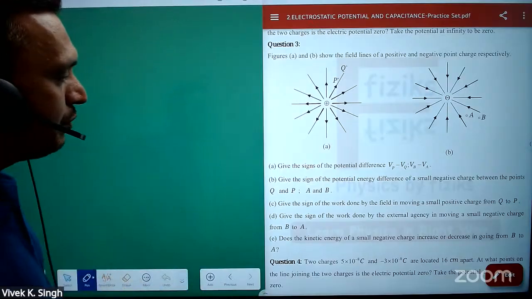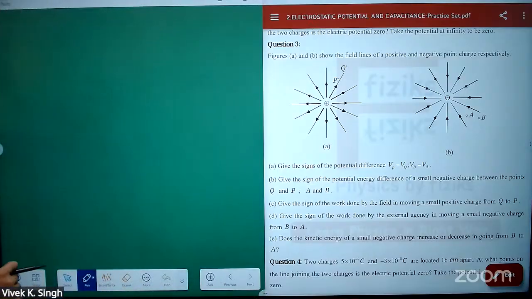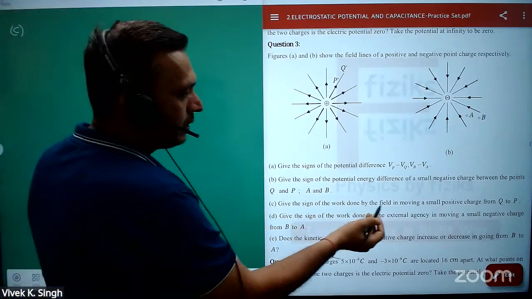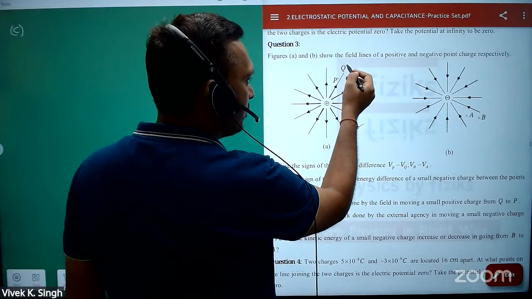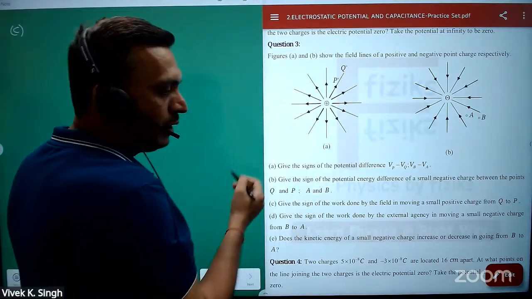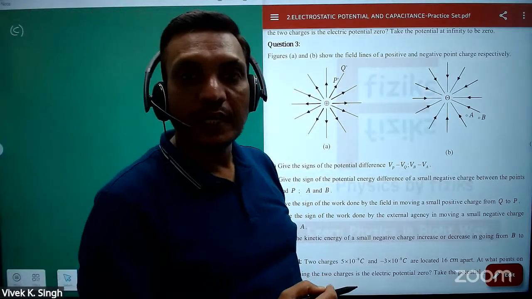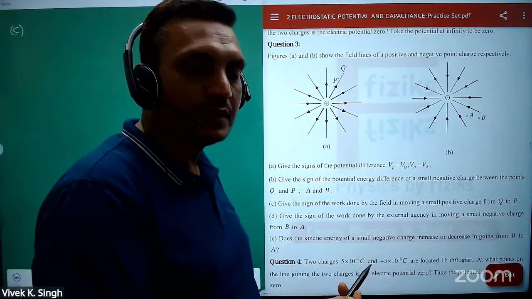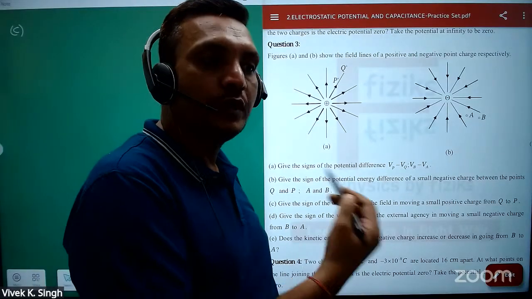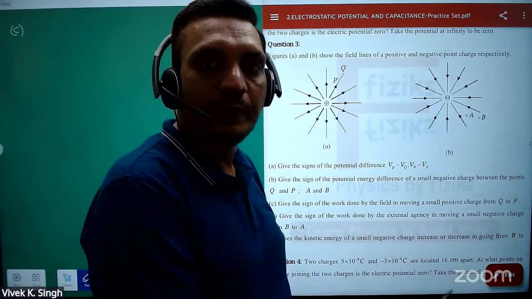So work done by the field will be negative, because the external force acts opposite to the electric field.